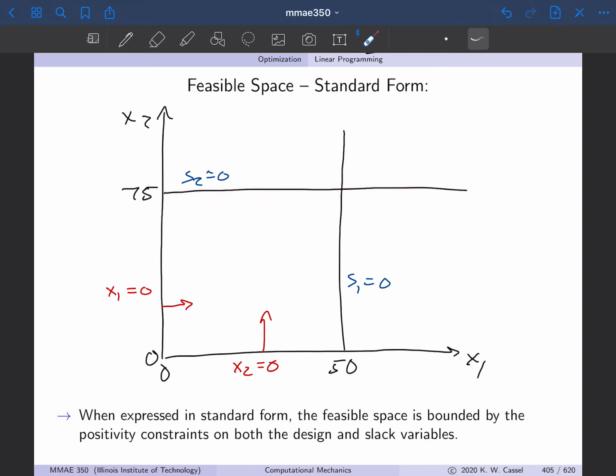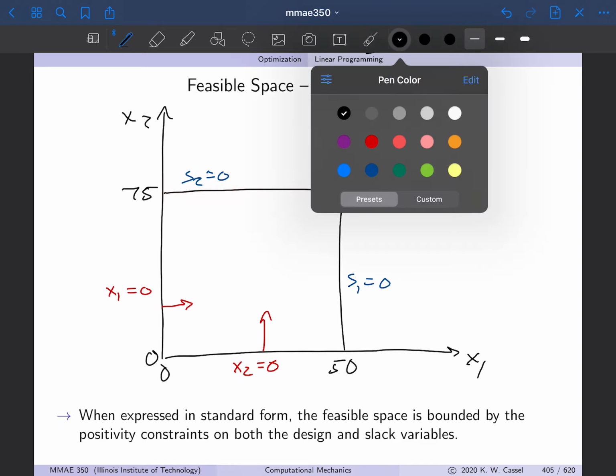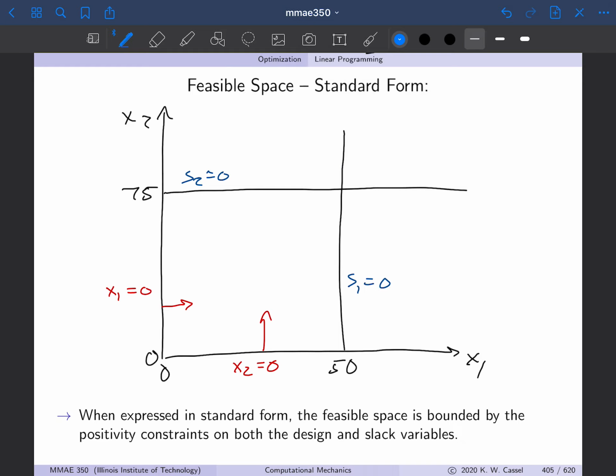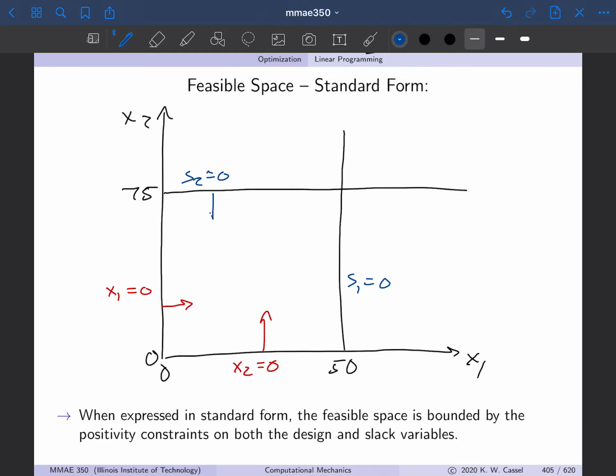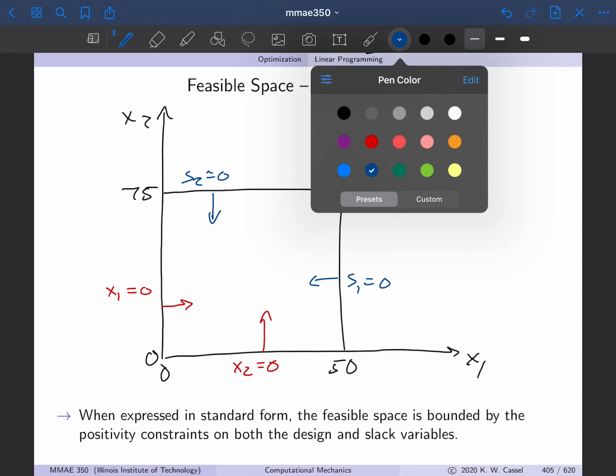So let me get my colors back here and indicate that. So again, the feasible space has to be now to the left and below these two s1 equals 0 and s2 equals 0 lines.